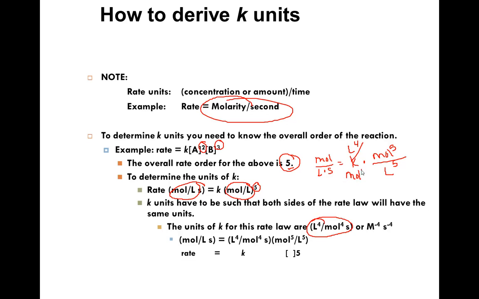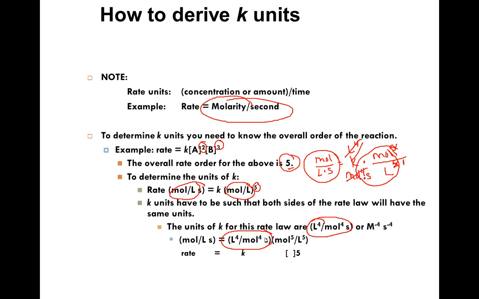Once again, 4 of those liters cancel out. 4 of those moles cancel out. So we still have moles per liter per second, just like we do on the left-hand side. Therefore, the units are liters to the fourth over moles to the fourth per second.